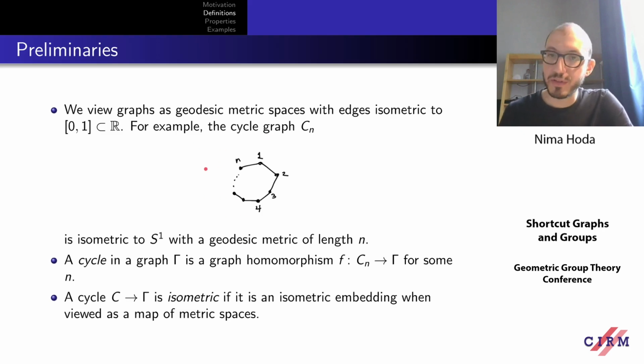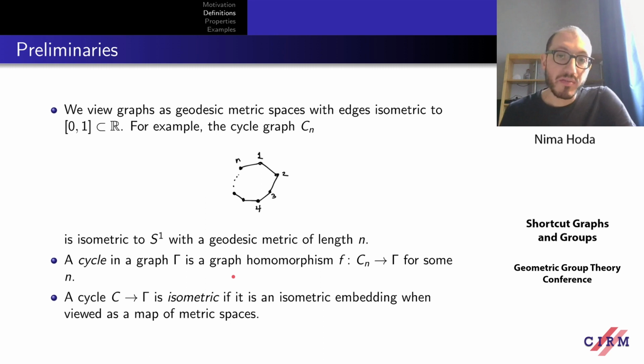Okay, so just to make sure we're on the same page, a bit of preliminary discussion on terms. For this talk, we're going to view graphs as geodesic metric spaces with edges isometric to the unit interval. For example, the cycle graph on n vertices, C_n, is isometric to S^1 with a geodesic metric of length n.